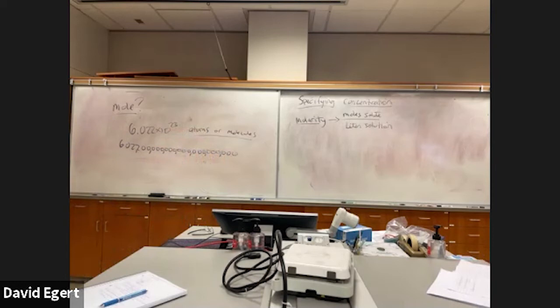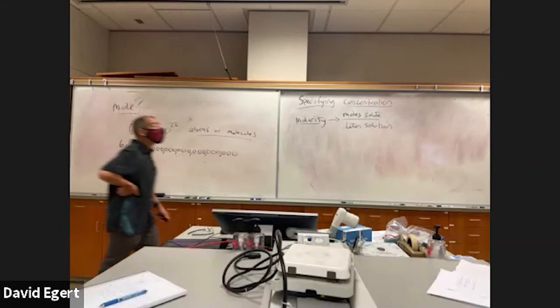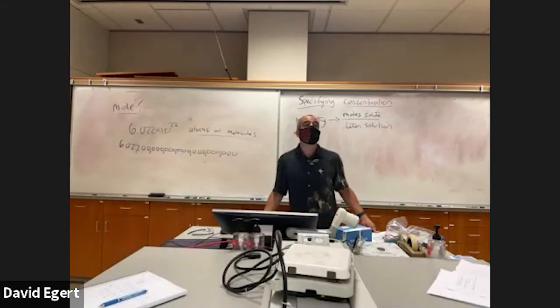So if you wanted to physically have a mole of glucose in your hand, how would you do it? Or if I wanted a mole of sodium chloride, a mole of table salt, how would I do it practically?